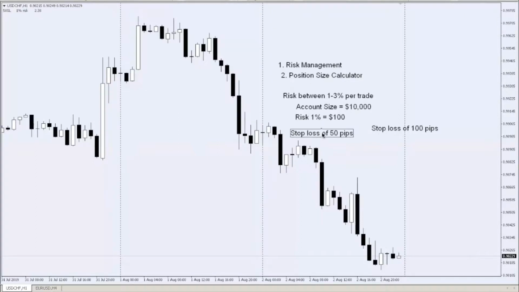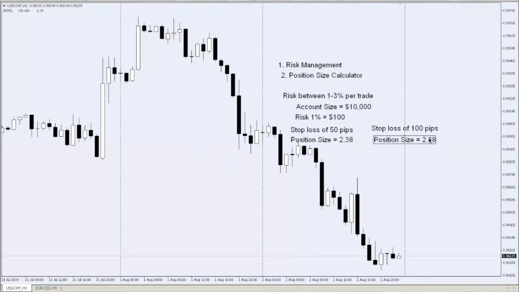So in this case, your position size is 2.38. Let me demonstrate further: if you put 100 pips, you see 1.19, which is just half of it.